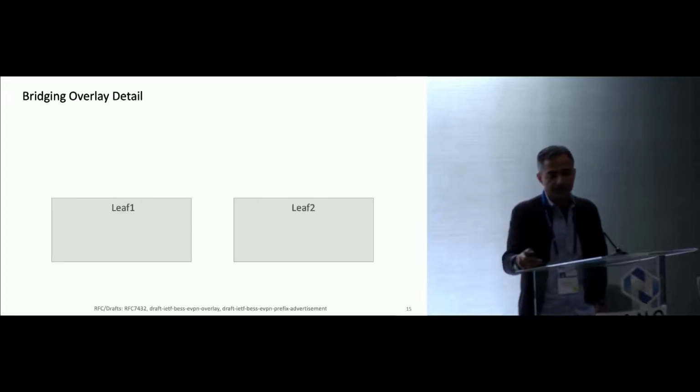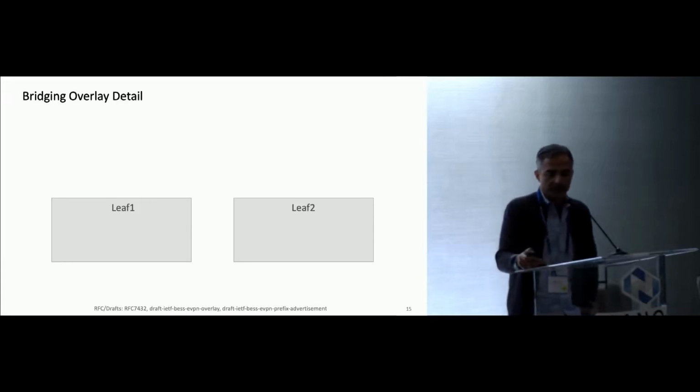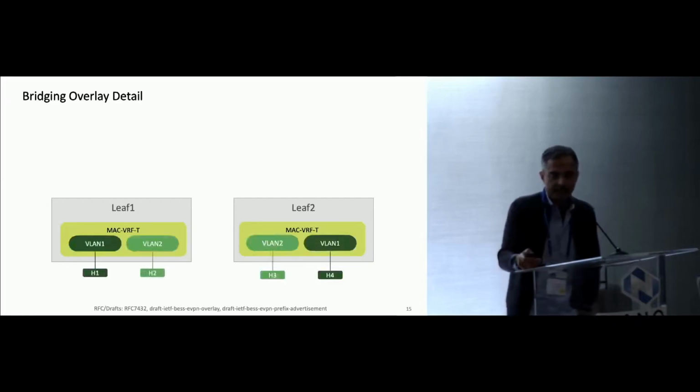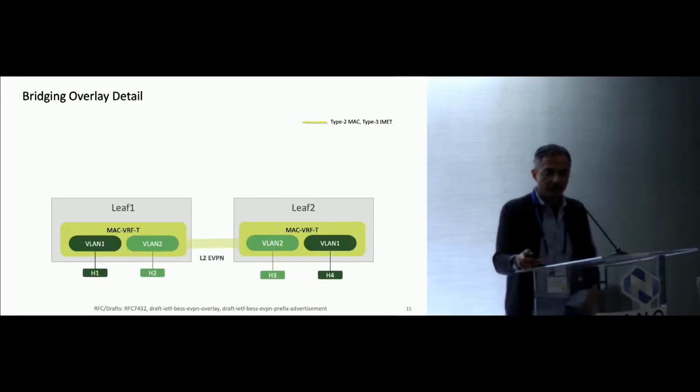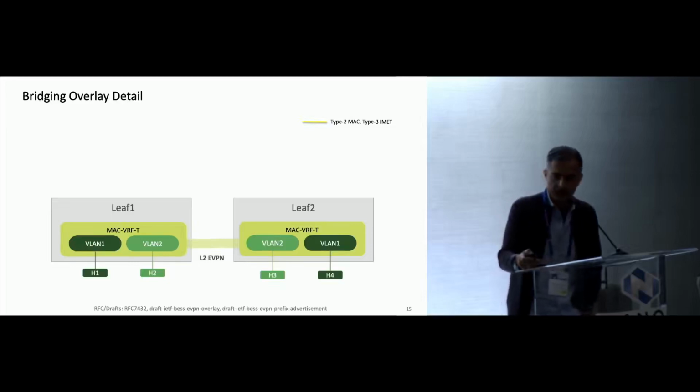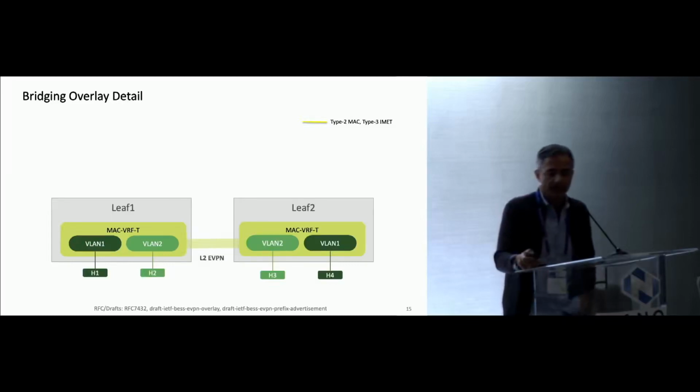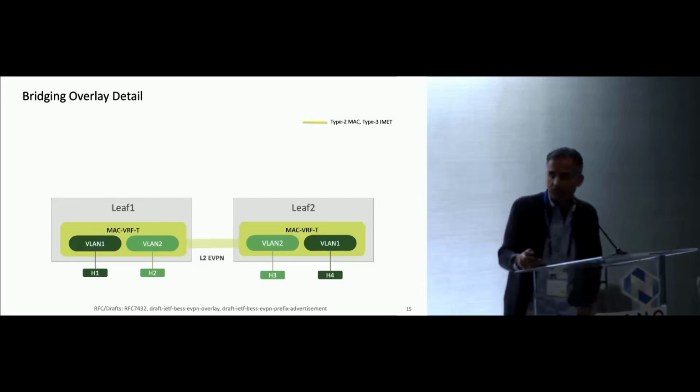Okay, a little bit of detail here. We have here leaf 1 and leaf 2. We're going to add the MAC VRF for tenant T, add the VLANs, VLAN 1 and VLAN 2 for tenant T. We're going to set up an L2 VPN policy to exchange routes between these MAC VRFs. That policy is going to cover both VLANs, VLAN 1 and VLAN 2.